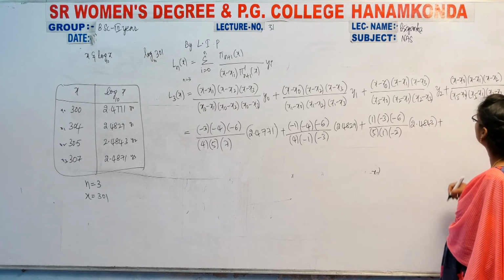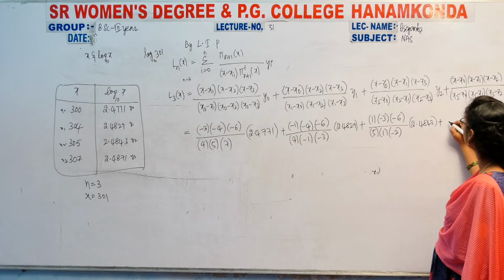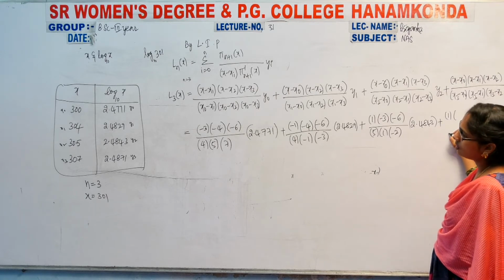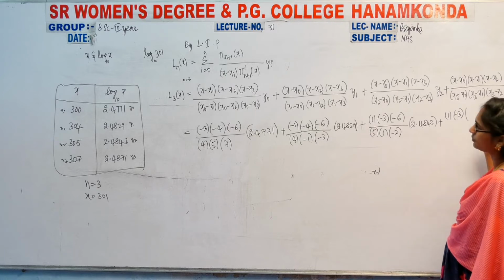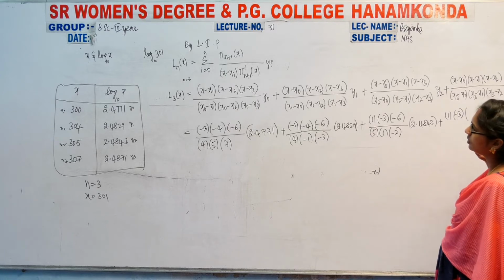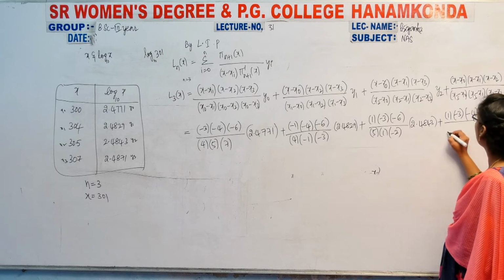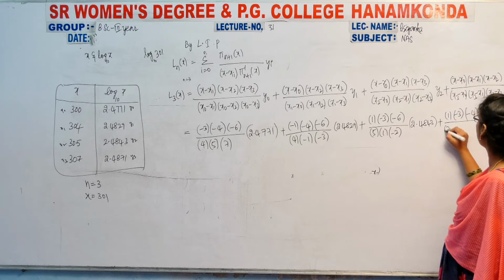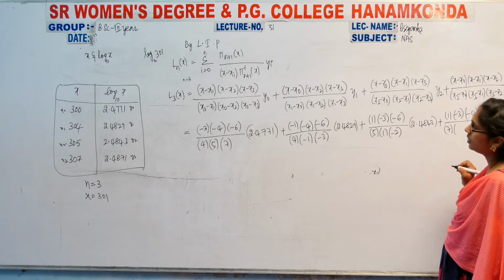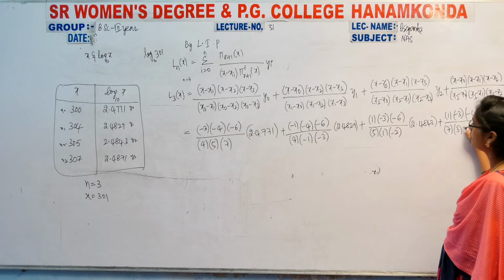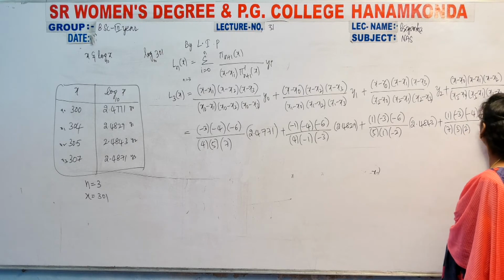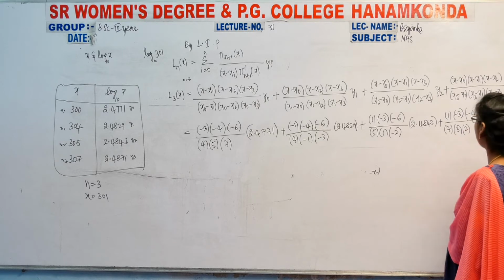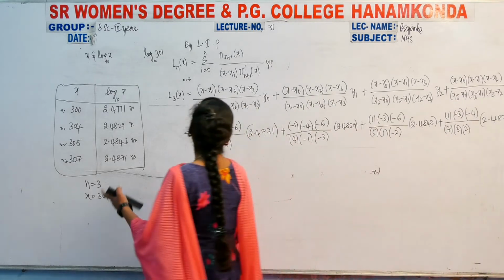Now plus 301 minus 300, 1, into minus 3, into minus 4, by x3 is 307 minus 300, 7, into 3, into 2, and y3 is 2.4871.